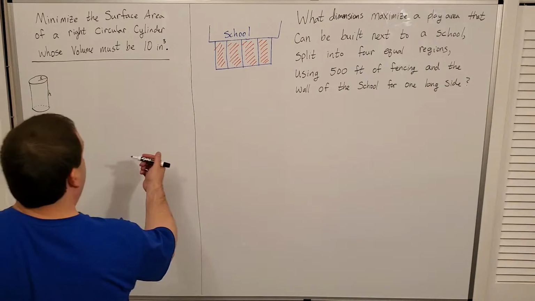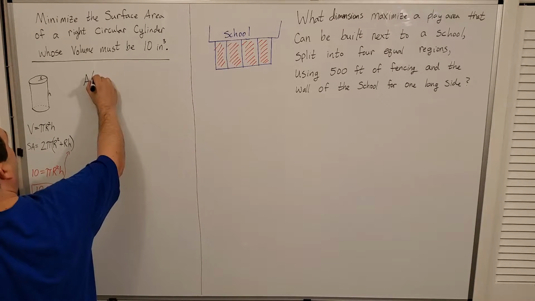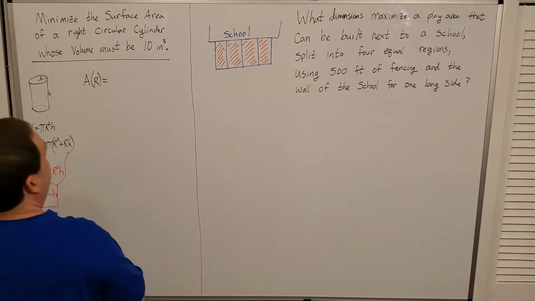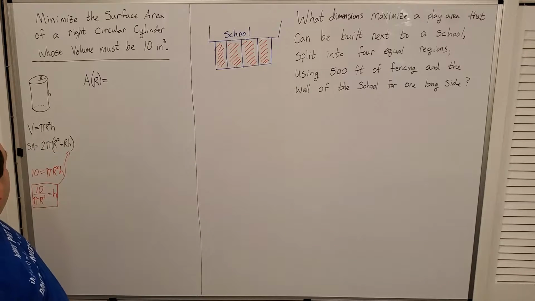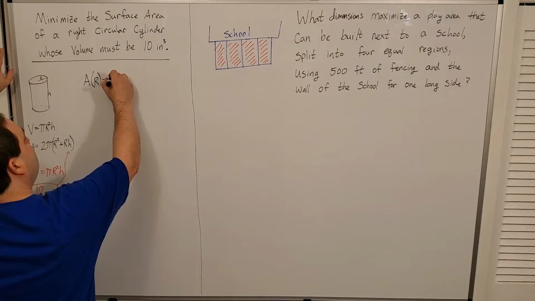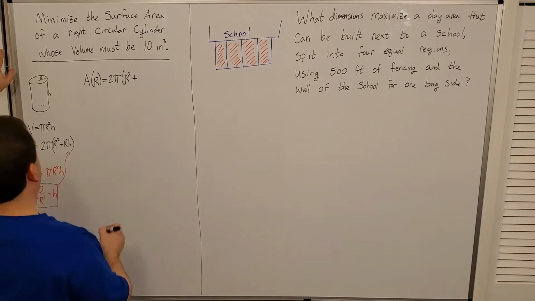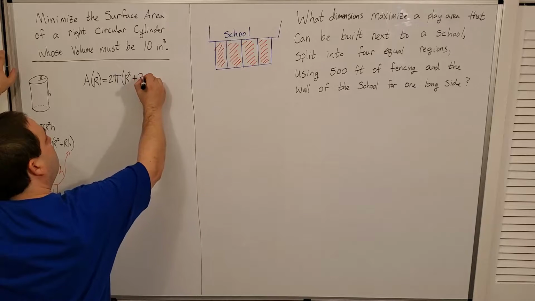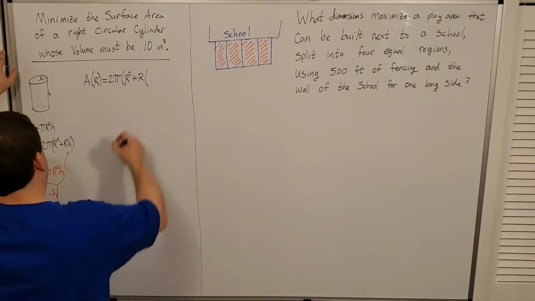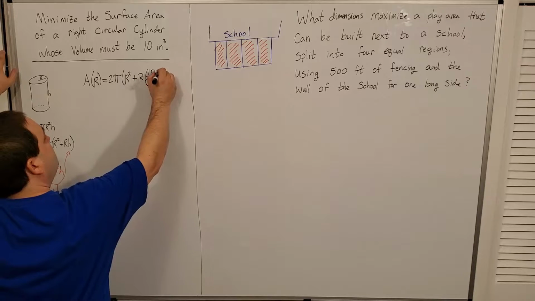So my function, I'll call it A of r, because r is going to be my variable now, is going to be equal to 2 pi r squared plus r times 10 over pi r squared.